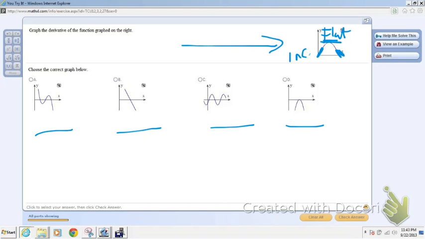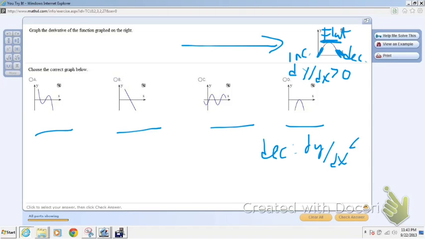The tangent line here would be flat, right? The slope of the tangent line would be 0, and here it's decreasing. So increasing translates to dy dx being positive, and decreasing translates to dy dx being negative, and flat, horizontal tangent line, dy dx is equal to 0.